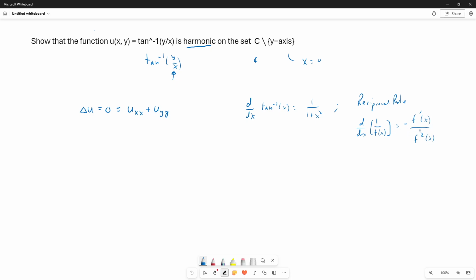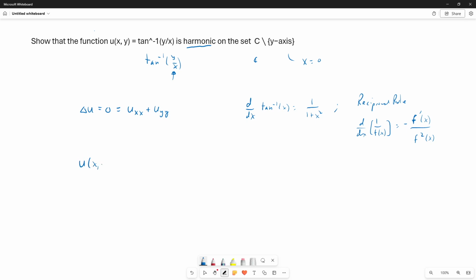So this is just the quotient rule when the numerator is a constant, in particular 1. So these two pieces of information will help us with the calculation. So let's calculate u sub x.